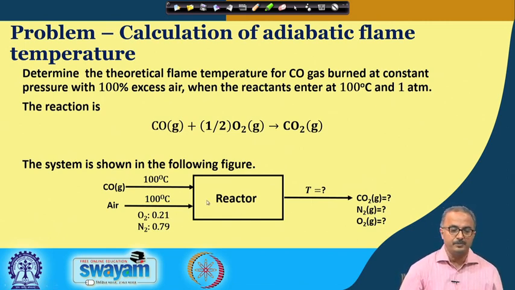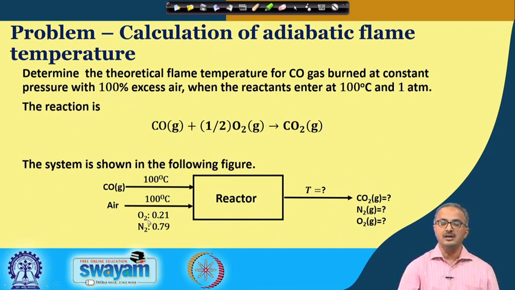Now here we put all the conditions as given in the problem, and we are assuming air to be a binary mixture of nitrogen and oxygen. Even though air is not truly binary, here we assume it to be a binary mixture, and conventionally we take air to be composed of 79 mole percent nitrogen and 21 mole percent oxygen.